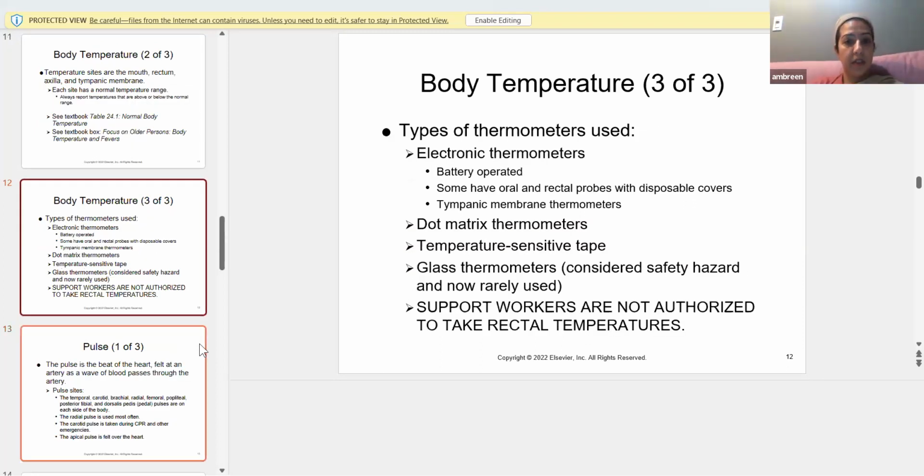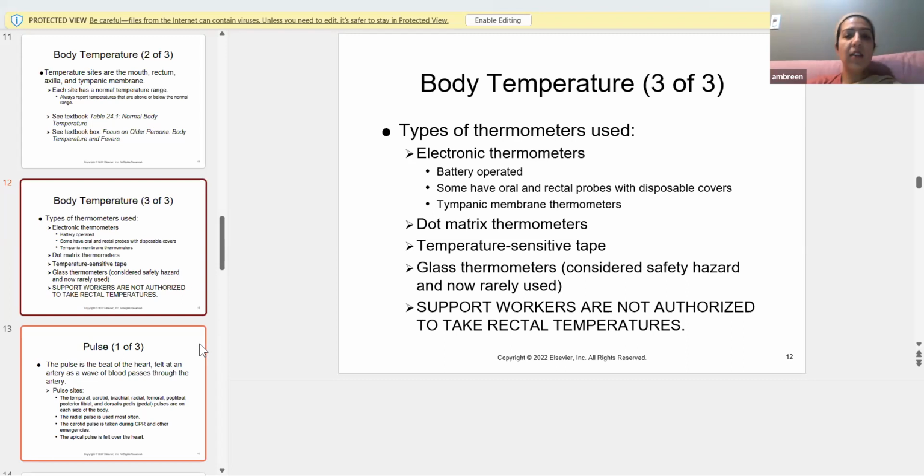Types of thermometers used: electronic thermometers, which are battery operated. Some have oral and rectal probes with disposable covers. Tympanic membrane thermometers. Always remember, wherever you work, we always have thermometers that have disposable covers, even if it's oral.